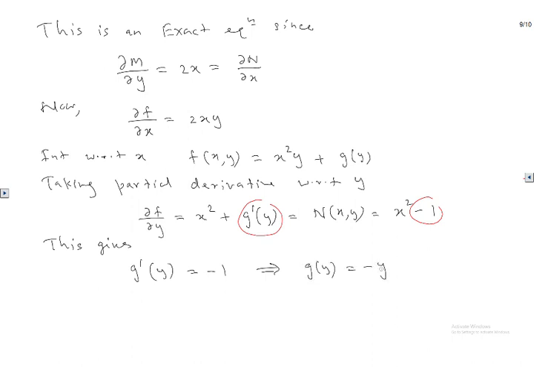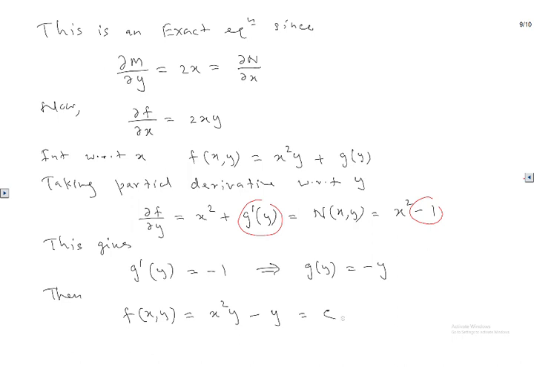We don't add the plus c. So then you can write your f of x, y function, because you found the unknown function. This is x squared y minus y. This is not the solution yet. What we do is set this equal to a constant. That's the function we're looking for.